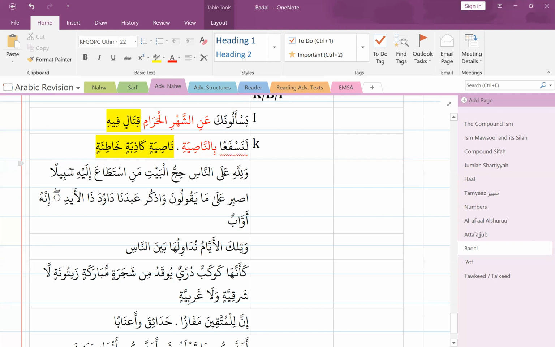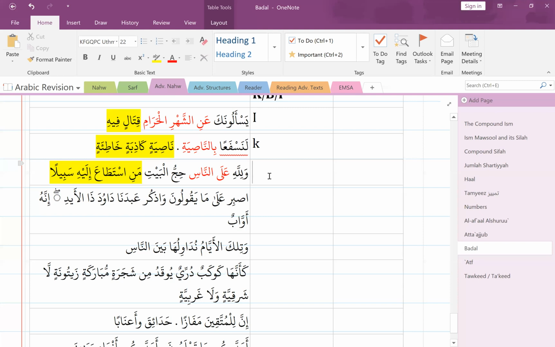So we're talking about an-nas. Exactly. So what would be the mubdal minhu? Al-nasi would be the mubdal minhu. Beautiful. Exactly. And man istata'a ilayhi sabilan would be the badal, and it looks like the badal al-kull.